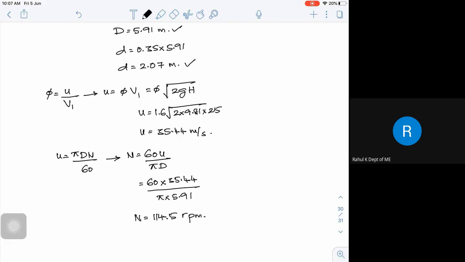For example, if I take the 17th problem, it asks to determine the efficiency of the Kaplan turbine developing so many kilowatts under a very low head of 4 meters or 5 meters. Whatever we did for the Francis turbine, like considering the draft tube, you can take up a similar draft tube problem for your Kaplan turbine, where you have the draft tube efficiency.